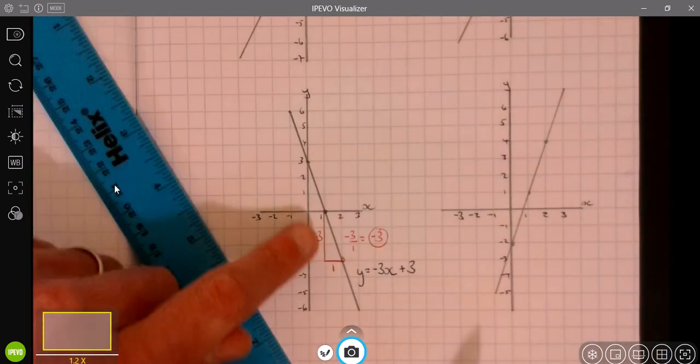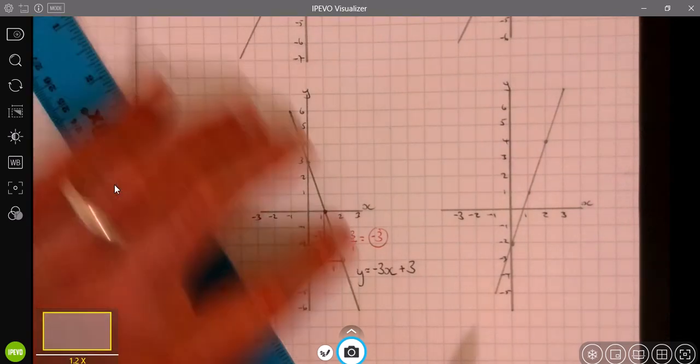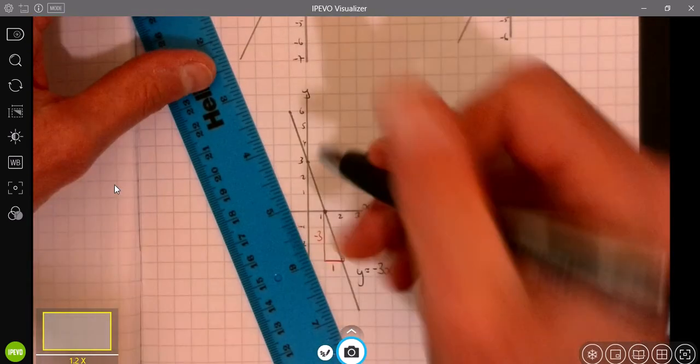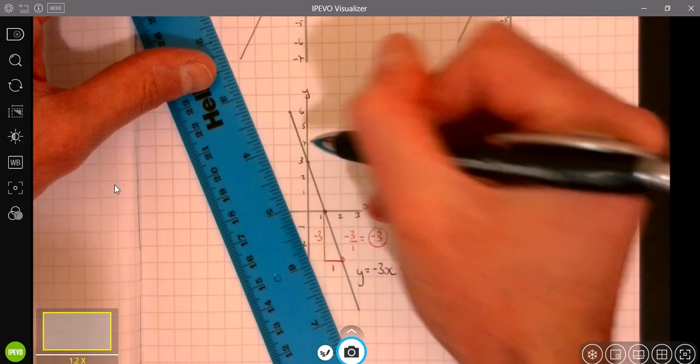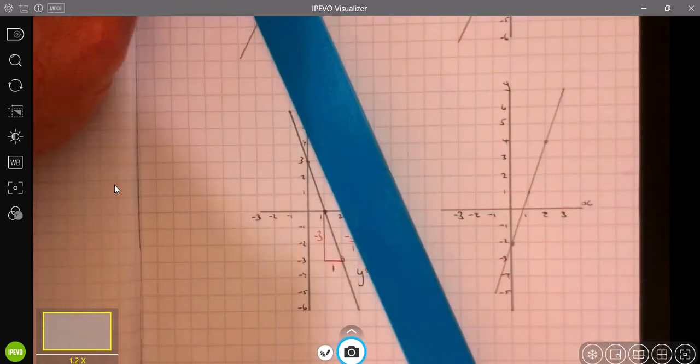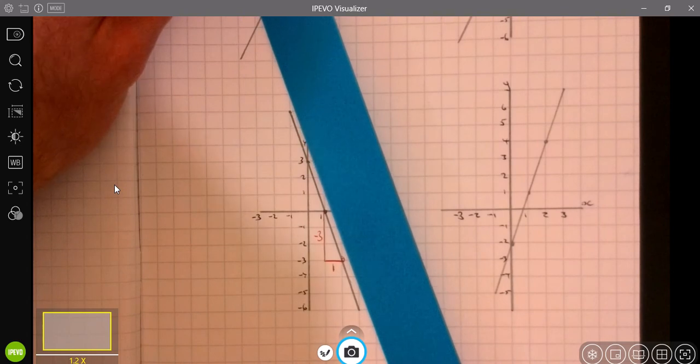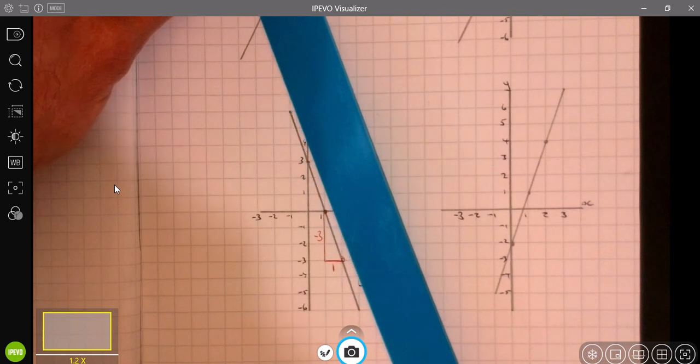Well, it's got the same gradient as this, so it's going to be parallel to this line. The only difference is it goes through there. So if I do it from this side so you can see it a little bit better, it would be about here. It's going to be parallel, but just slightly up.